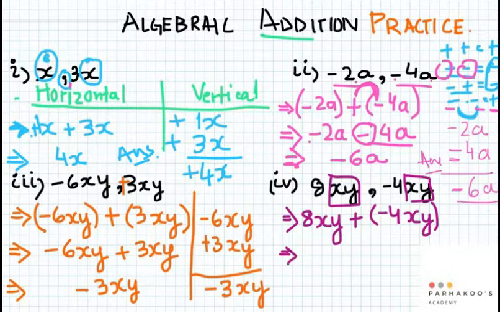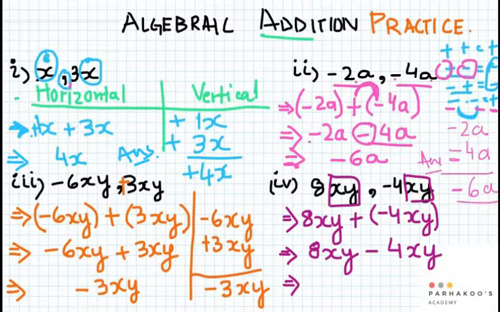So now let's do it. 8xy plus minus is minus 4xy. Here plus minus is minus, so we need to subtract them. 4xy, and the sign of the bigger term is plus, so we don't need to put plus because if there's no sign, there's a plus sign.